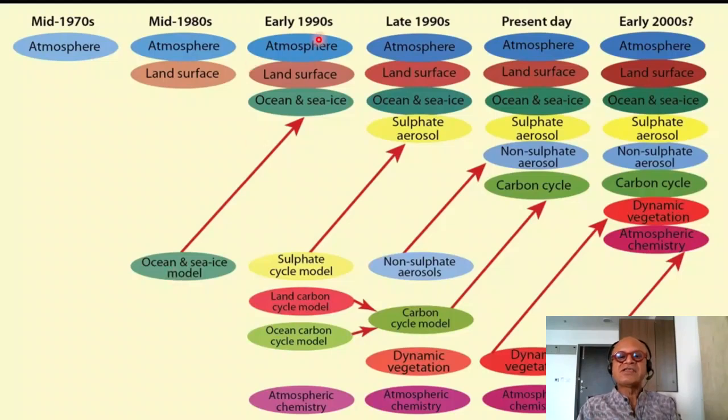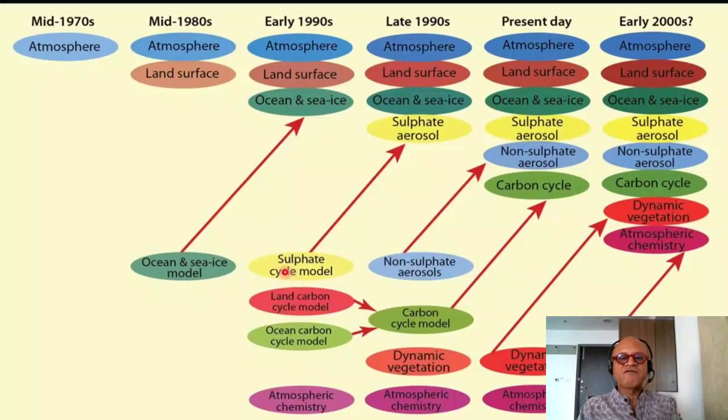By early 1990s, we had coupling of just land and atmosphere, and not ocean and ice. Then by early 1990s, we had fully coupled models that were global climate models being used for climate predictions, early El Nino predictions, monsoon predictions, and so on and so forth.